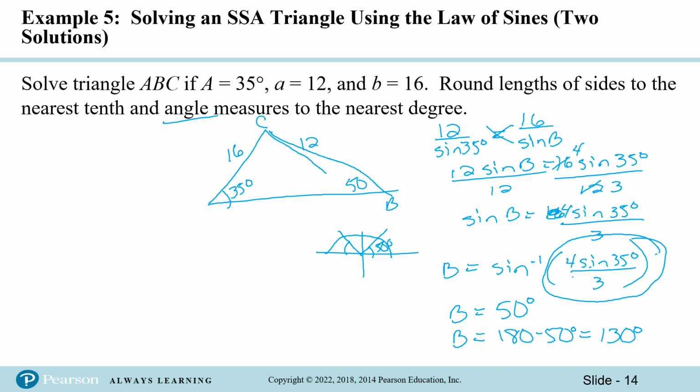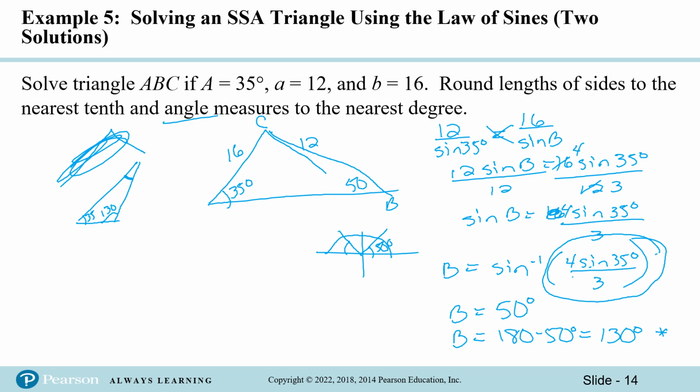Okay. Now, when we find this one, the bigger one, you have to double check and make sure that it actually makes a triangle. What do I mean by that? If this is 130 and this is 35, you have to check and make sure that you can actually fit an angle right there.